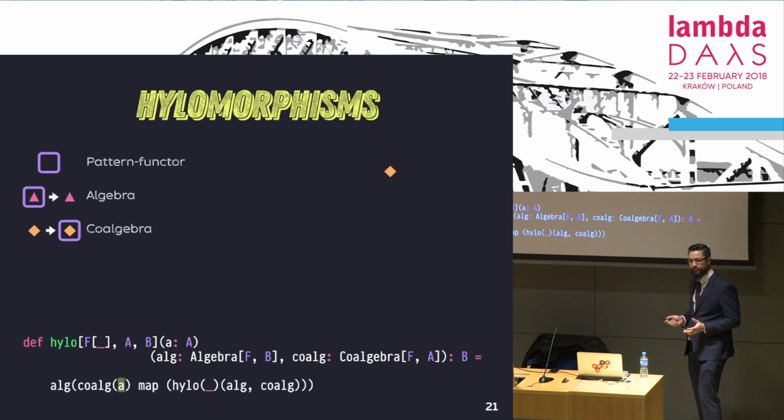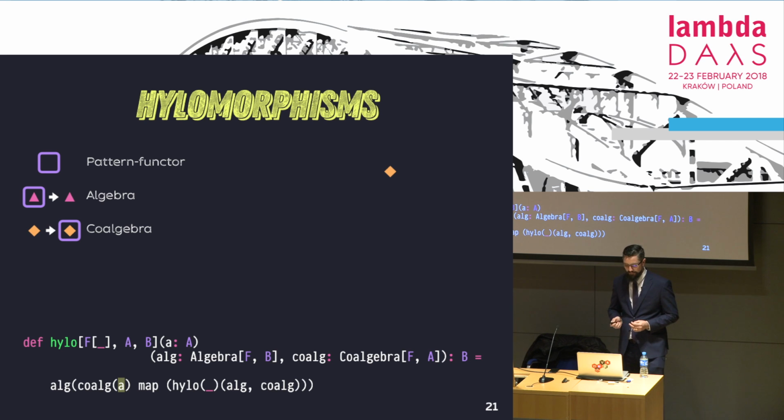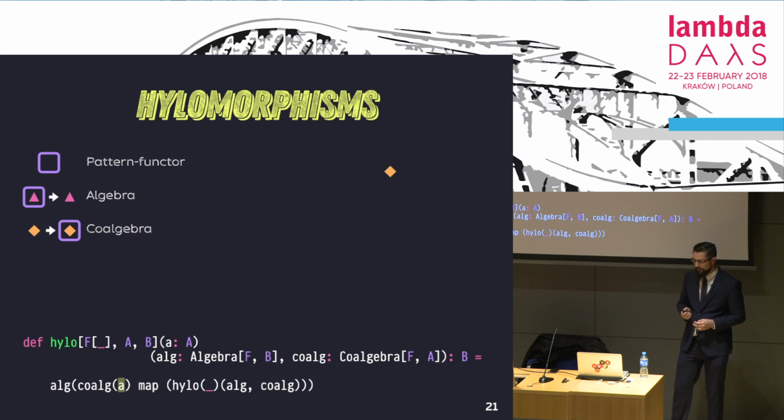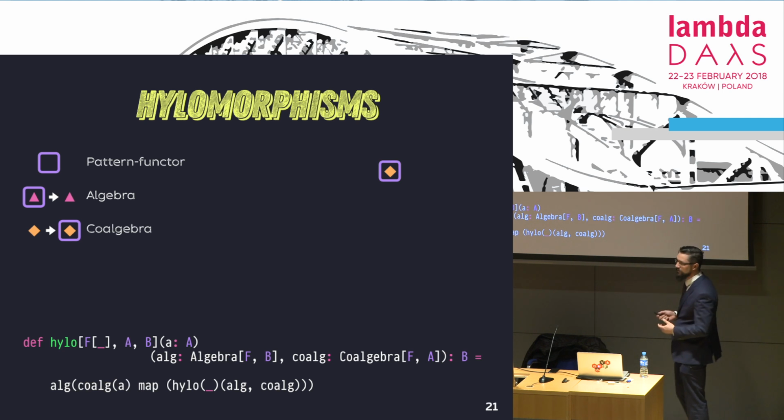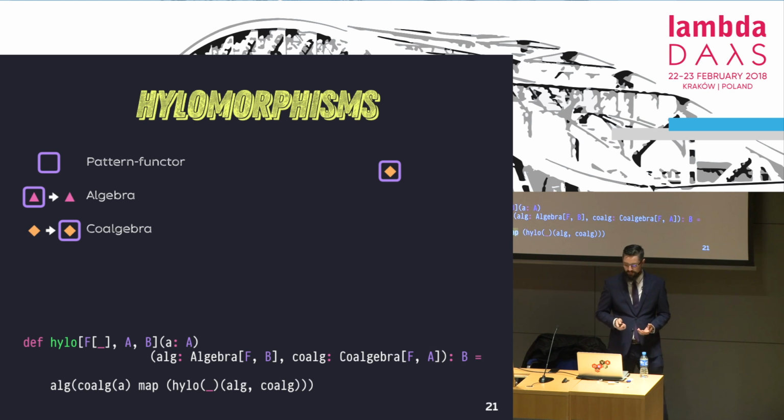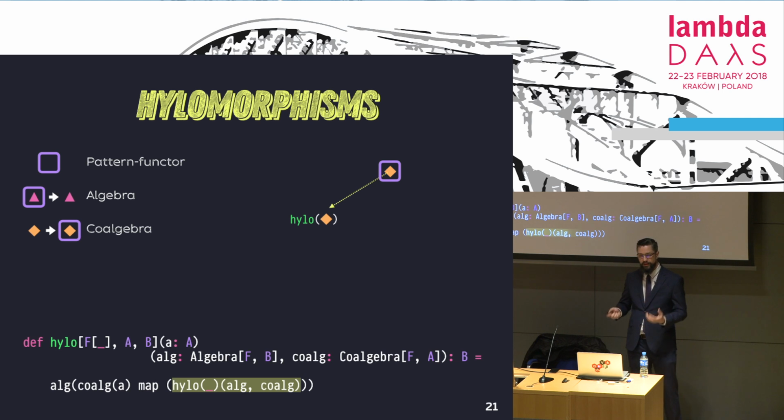So we start with an A, right? Because we need an A to apply hylo on it. Then the first thing we have to do is to call the coalgebra on that A, right? And a coalgebra is just a function from A to f of A, so it just produces an f of A. Since f is a functor, we can now map over it, and it's like picking inside its elements and applying a function. And the function we want to apply is hylo, because it's the recursion, right?